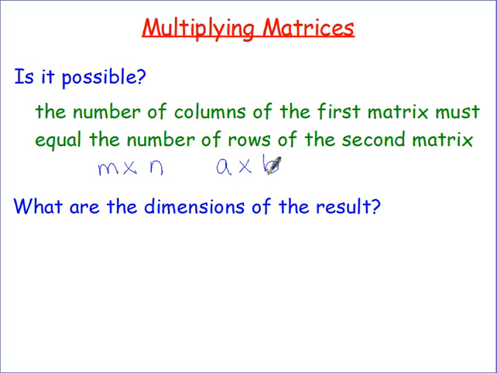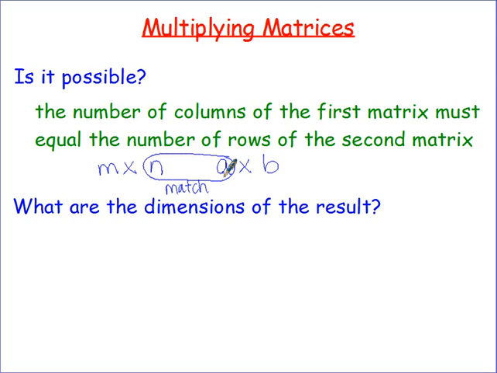You will know that you can multiply if these two numbers right here match. That's the easy explanation. Because this is the column of the first one, and this is the row of the second one. So if those match, you can multiply.